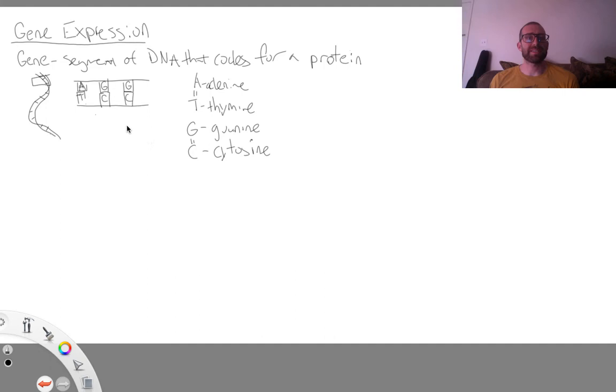Now, it is the pattern of these nucleic acid bases that creates a particular protein. It's essentially a code, right? So there are two processes. If we're talking about going from a segment of DNA to a protein, there are two processes.